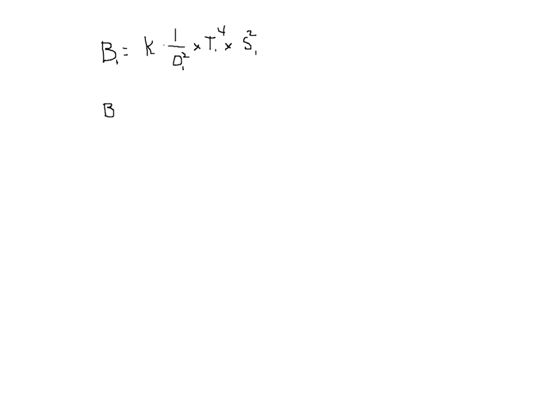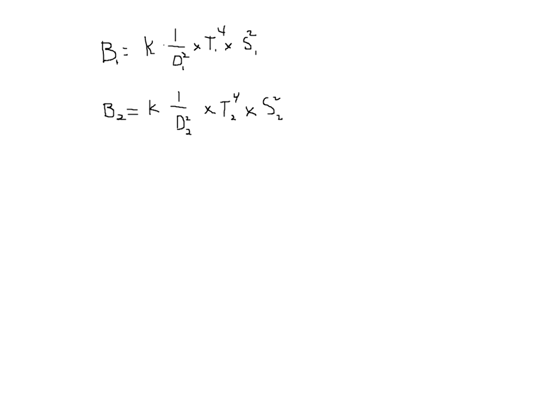And the brightness of star 2 is equal to the same thing. It'll have the same constant in it, 1 over the distance 2 squared, times the temperature 2 to the 4th, times the size of number 2 squared.